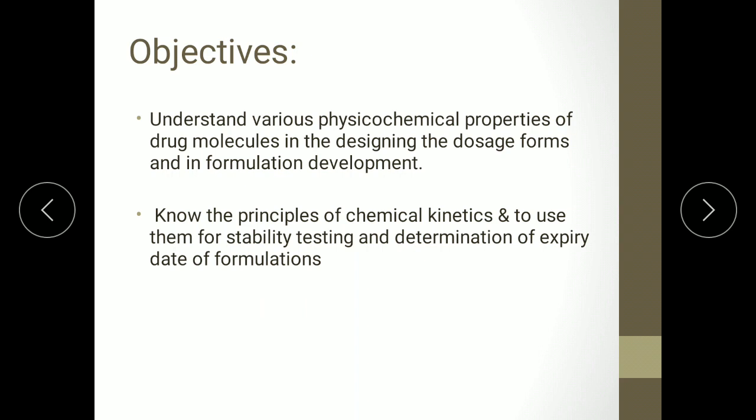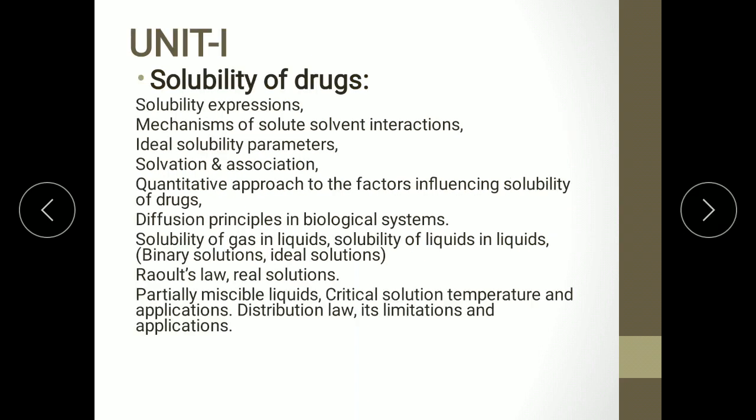Okay, so coming to your syllabus part, there are 5 units in your syllabus. First unit is solubility of drugs. In that, we have to see first some definitions, then solubility expression, then according to different pharmacopoeia, then the mechanism of solute and solvent, how solute interacts with solvent to form a soluble solution.